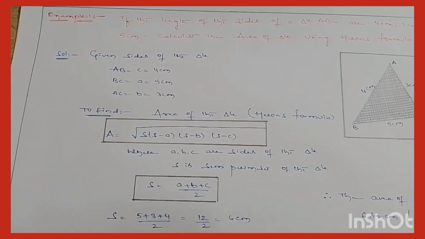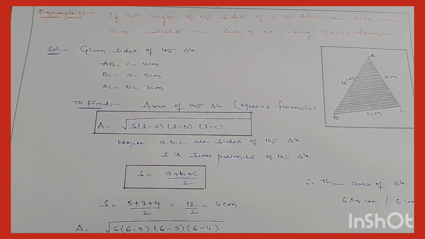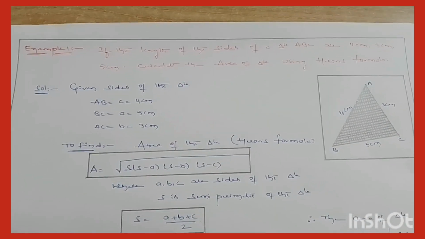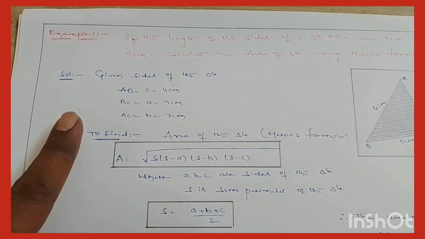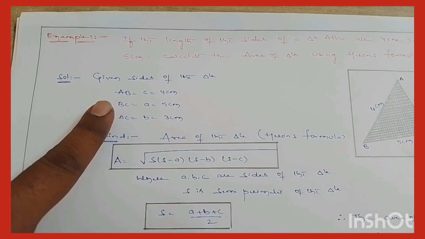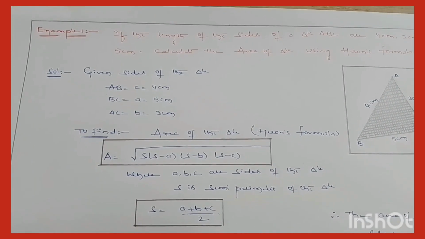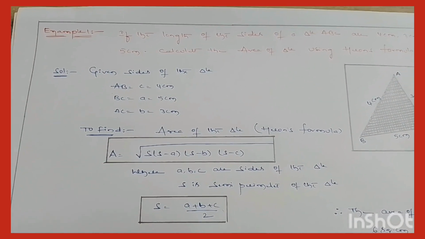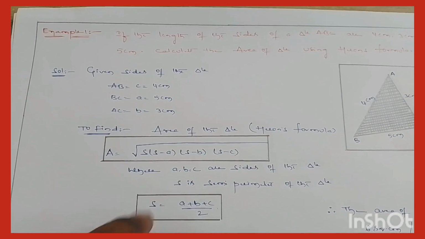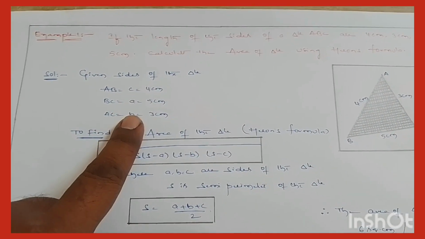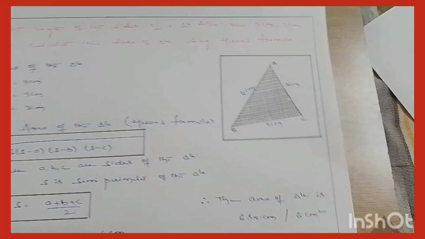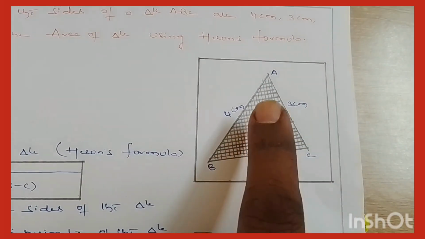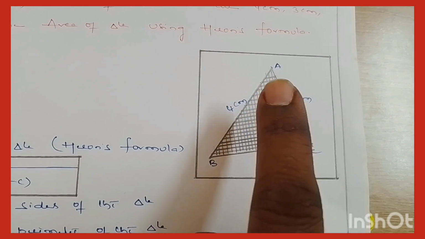Presentation is also very important when you are doing the sum. So first write down, guys, what is given in the question. The given sides of the triangle are AB is 4 centimeters, BC is 5 centimeters and AC is 3 centimeters. But how did we get these small letters a, b, c? See here in the figure, A is a vertex, right?